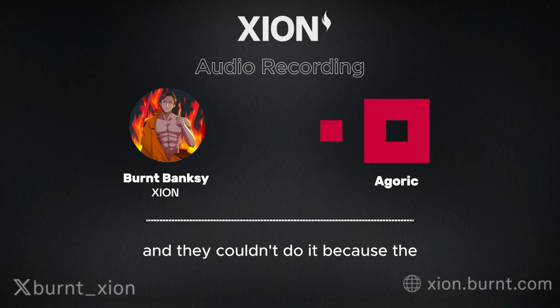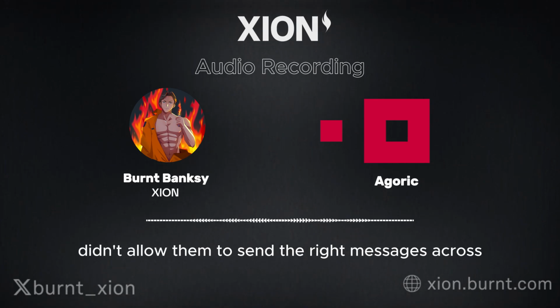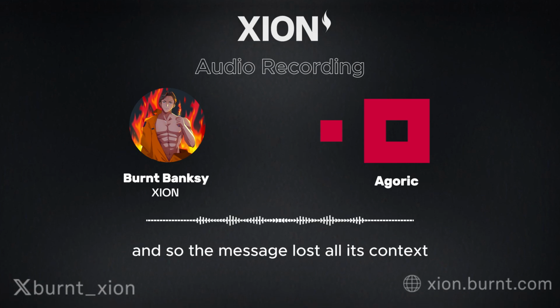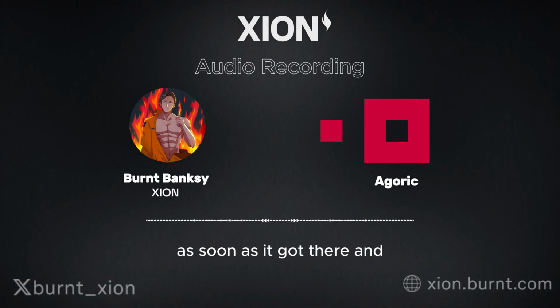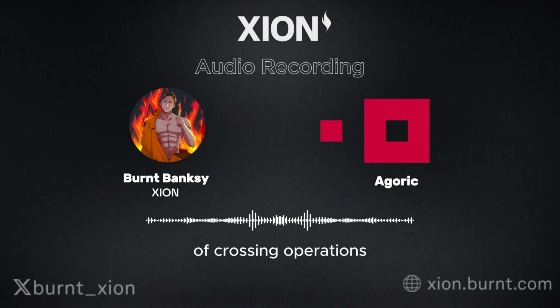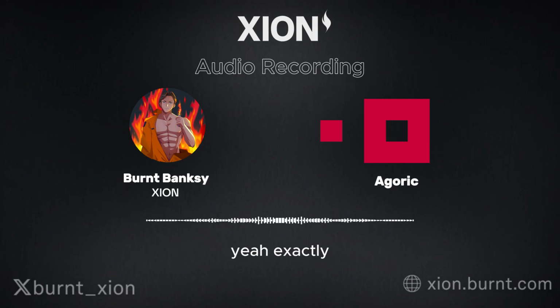They couldn't do it because the bridging protocol they were using didn't allow them to send the right messages across, basically no metadata at all. And so the message lost all its context as soon as it got there. And this is the bleeding edge of cross-chain operations.